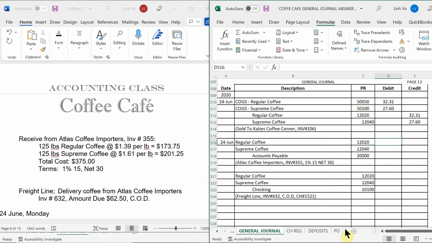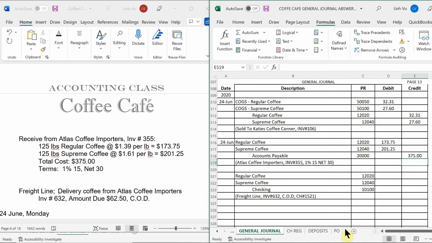In this case, how much regular coffee did I buy and how much supreme coffee did I buy? $173.75, 173.75, and my supreme equals 375.